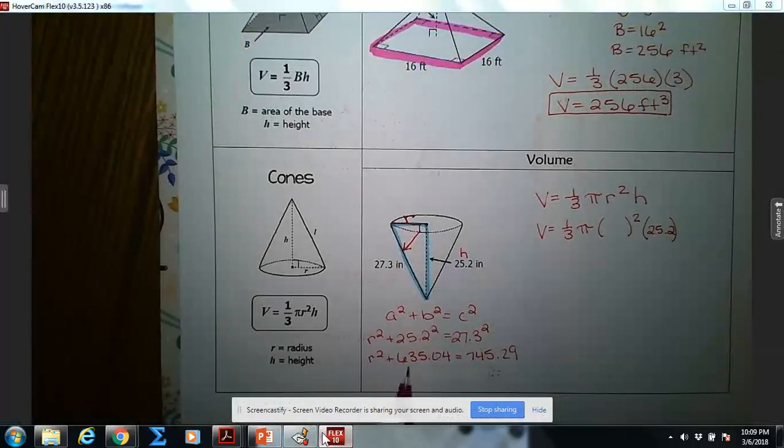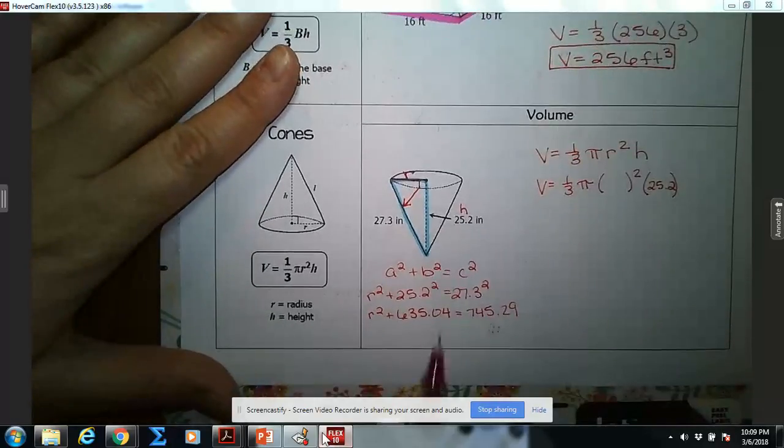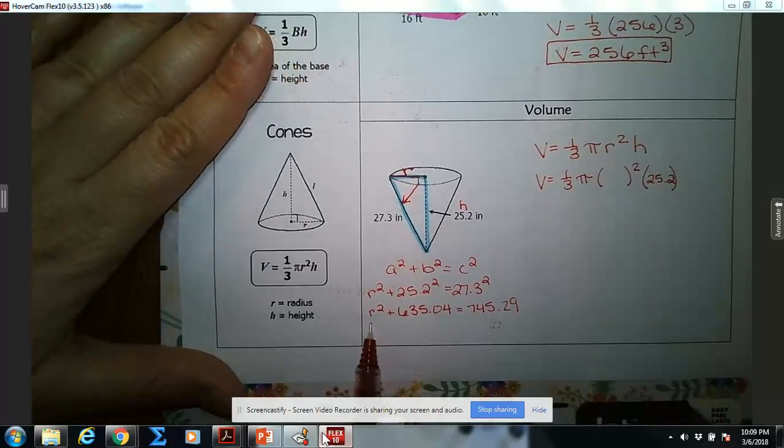So I've replaced these squared values with their simplified versions, and now I need to solve for the radius.